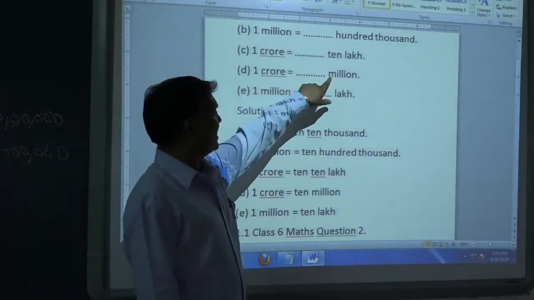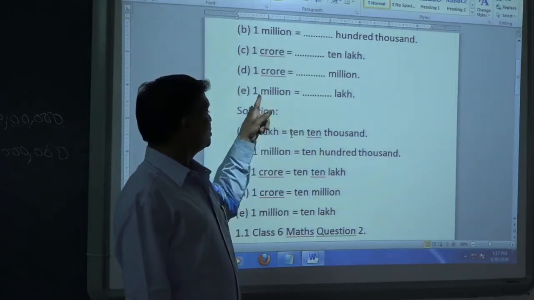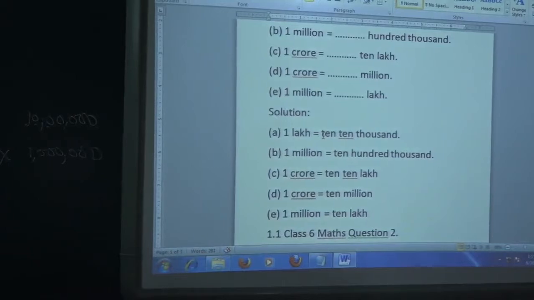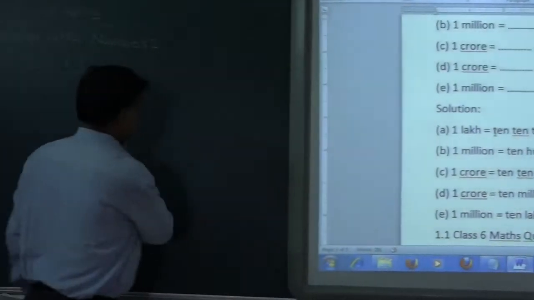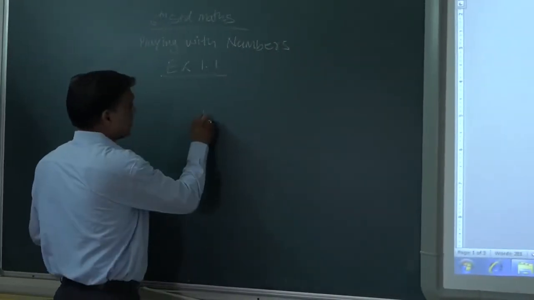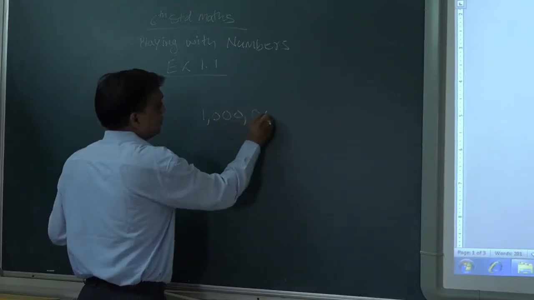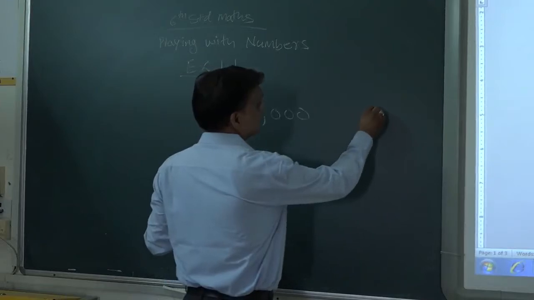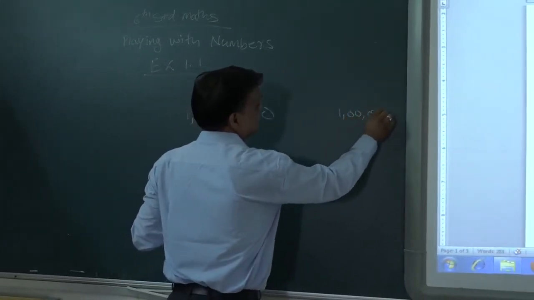Next, the question is 1 million is equal to dash lakh. We just saw that 10 lakhs is equal to 1 million. So he is asking 1 million is equal to dash lakh. Again we will see in 1 million how many zeros there are. In 1 million there are 6 zeros.